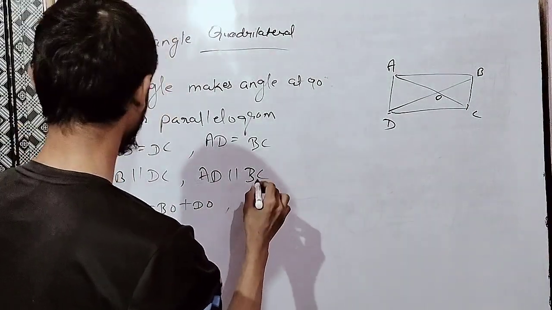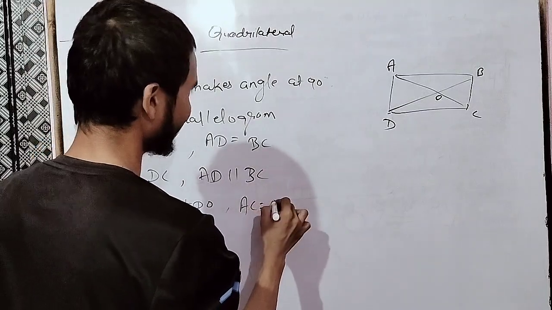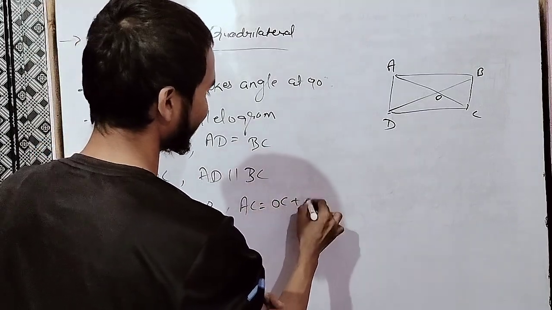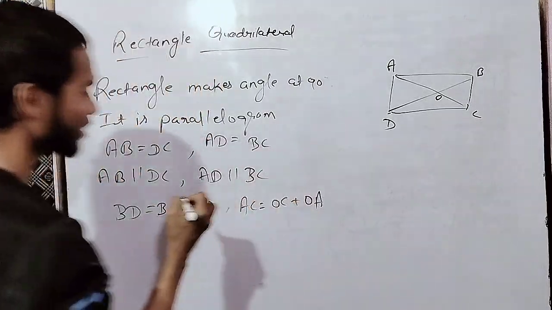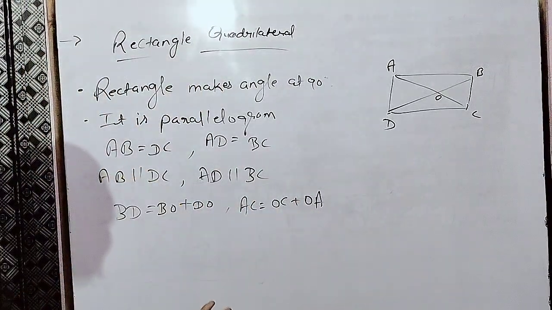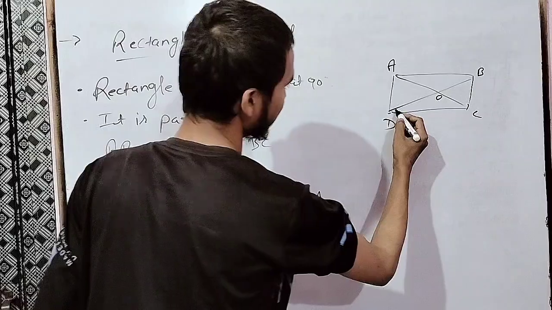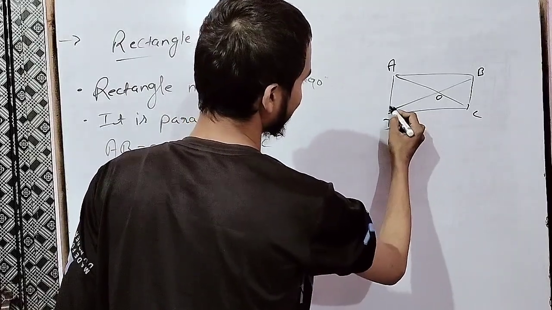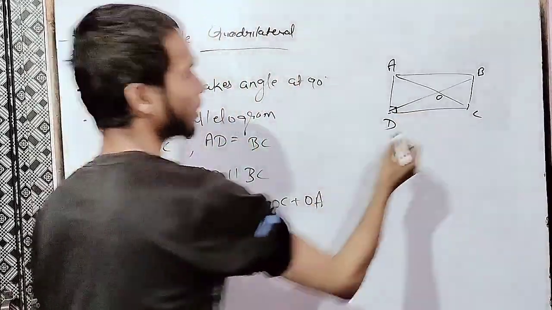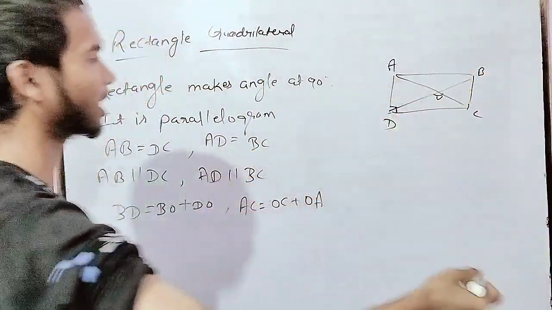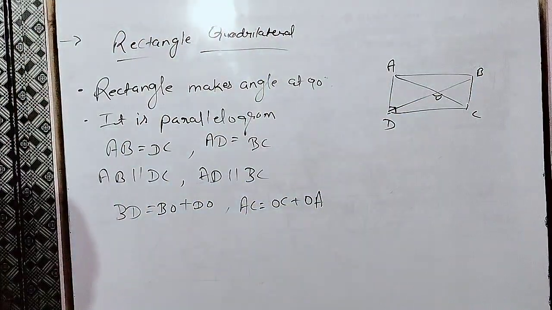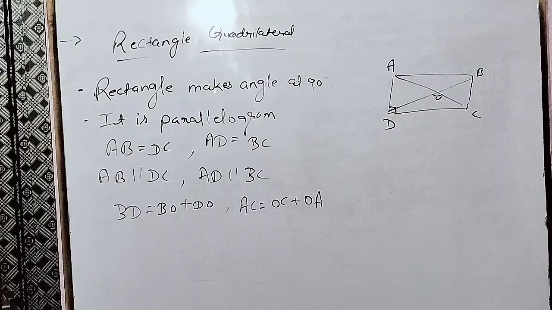Next, AC: OC, OA. So here, what else? Here you can see this angle is 90 degrees, but at the origin it would make a different angle, except 90 degrees. Remember always.